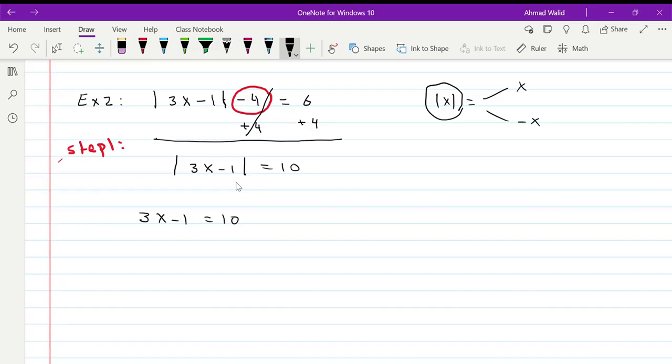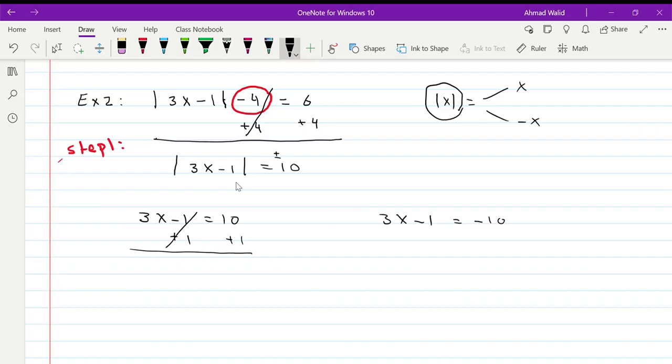Correct? Some professors even say it this way: now use a plus-minus sign on the right side. I like it this way so as not to forget. It means make two equations. 3x minus 1 equals 10 and 3x minus 1 equals negative 10. Solve both equations. Correct? Add 1 to both sides.